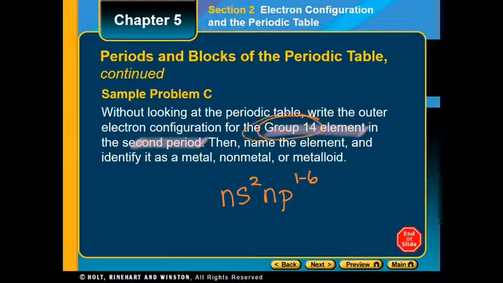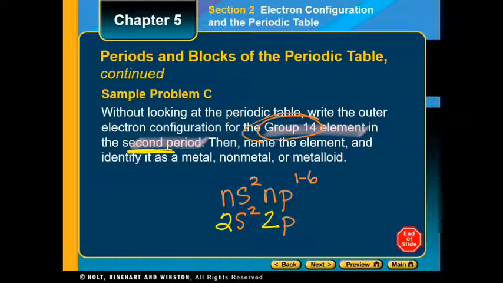You should recognize group 14 is definitely within the P block. So P block is any group 13 through 18. Our value of N, it's in the second period, so it must be a 2. This is also a 2. Again, this is for that generic configuration that we've got.